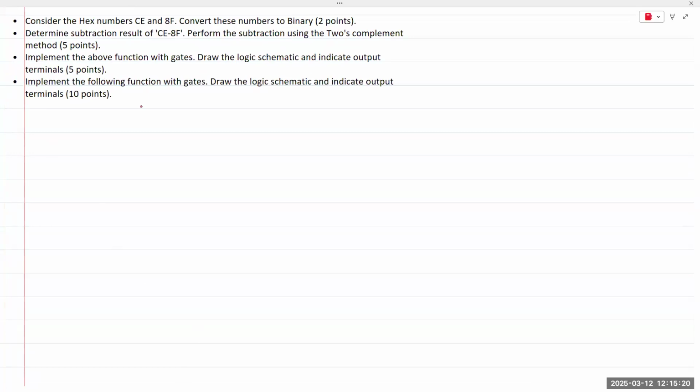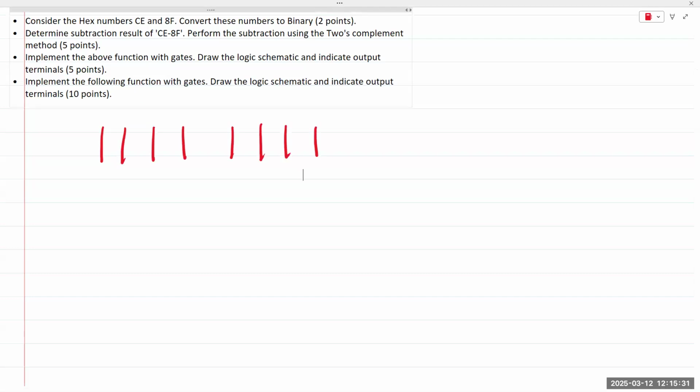I think everybody got that correct too. Okay. So we have 8 bits.